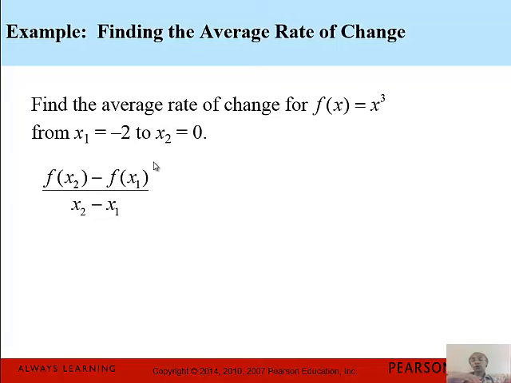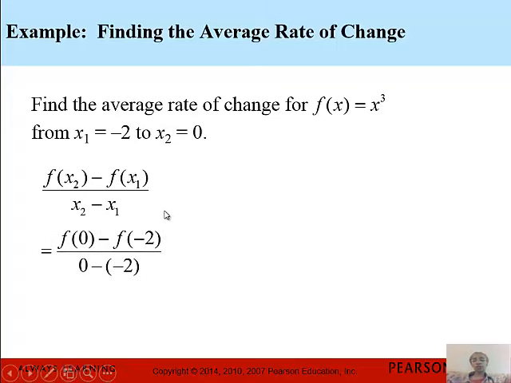So basically, I'm going to replace all x's with the given values. So x2 is going to be replaced with 0, x1 with -2. And I'm going to find f(0), subtract from that in the numerator f(-2).